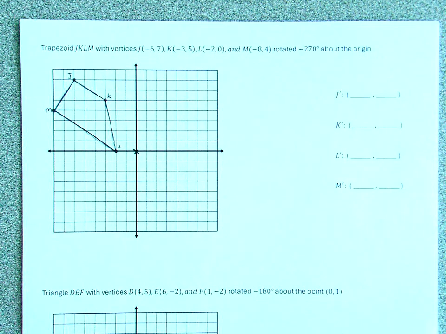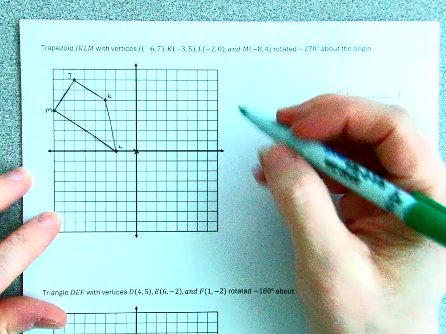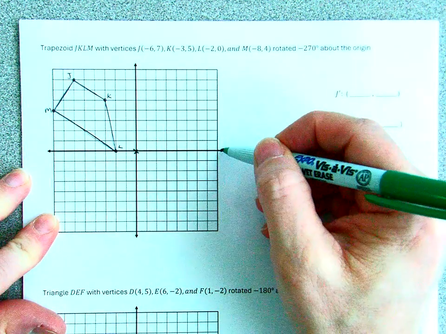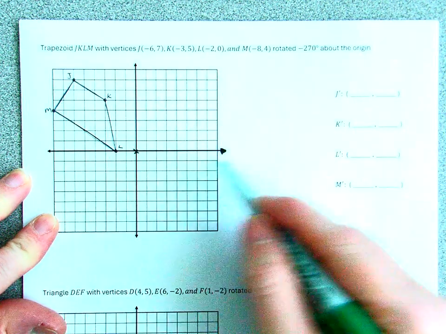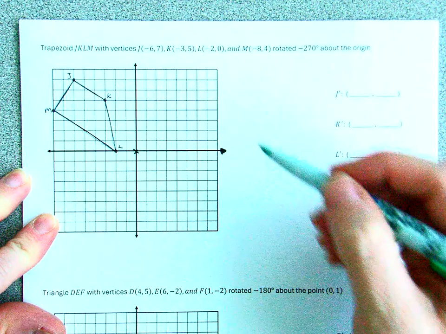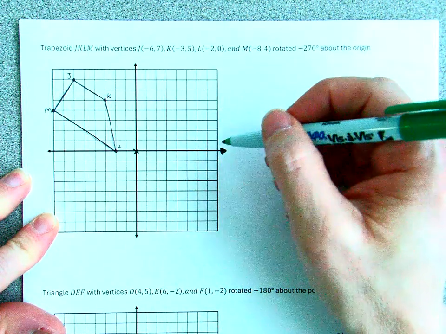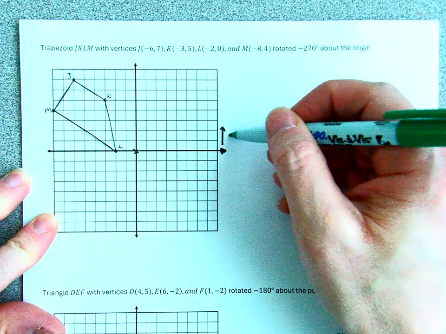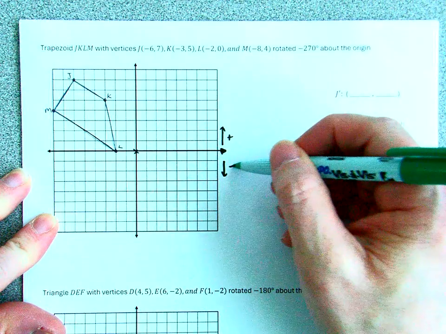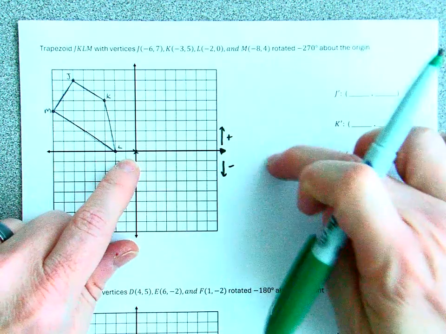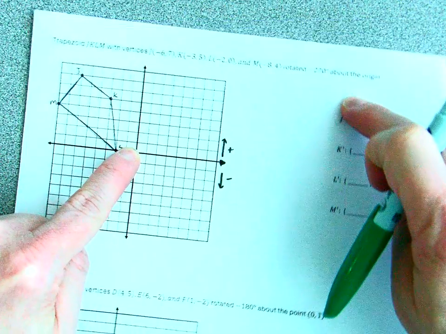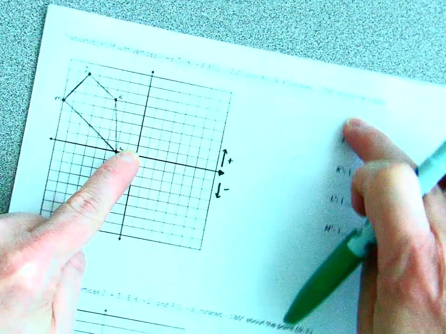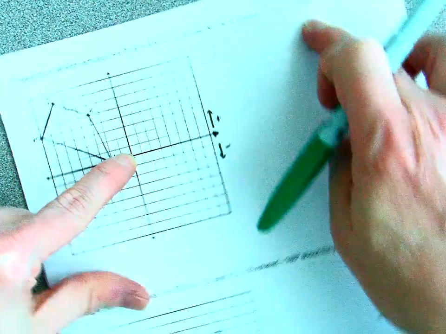So to help justify which direction is positive and negative, for any angle that we have on a coordinate plane, the initial position is going to be along this positive x-axis, right? So if I start here, I can think, well, if I go up, that's going to be positive, and if I go down, that's going to be negative. So if I took this side of my graph, if I want a negative 270, I'm going to turn this down, which would be a negative angle, or I can turn it up, which would be a positive angle, right?